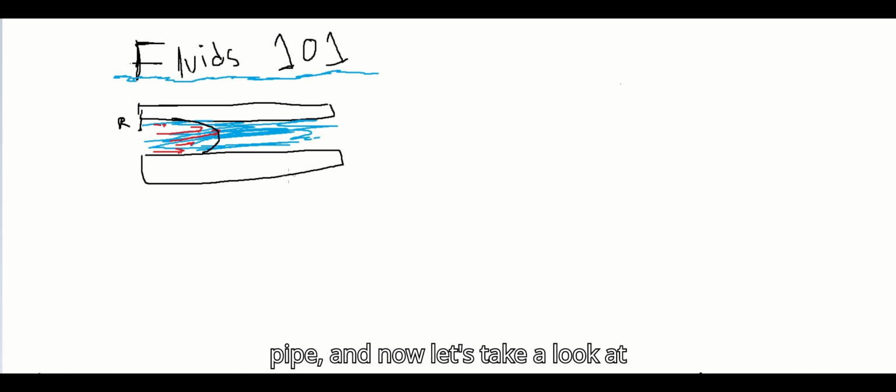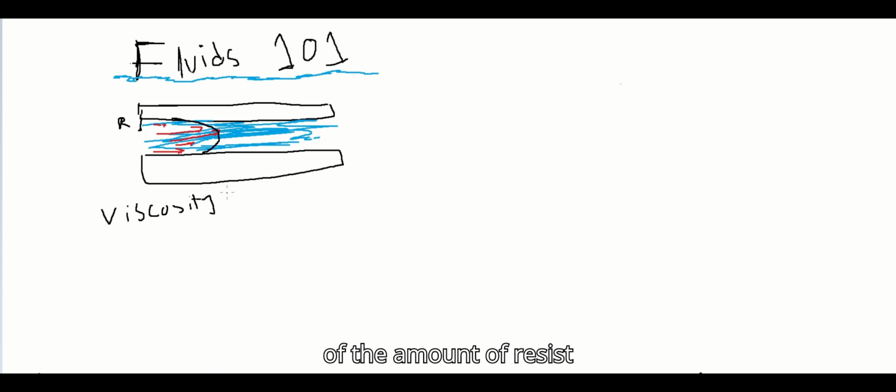And now let's take a look at something that relates to this, which is viscosity. Viscosity is an indication of the amount of deformation that a liquid will undergo under shearing strain.